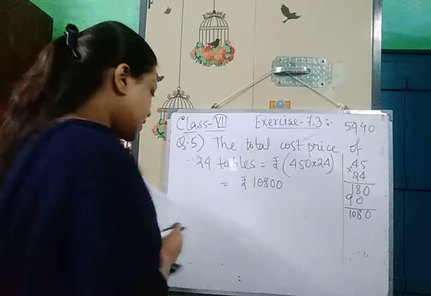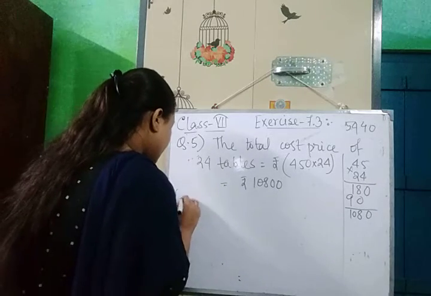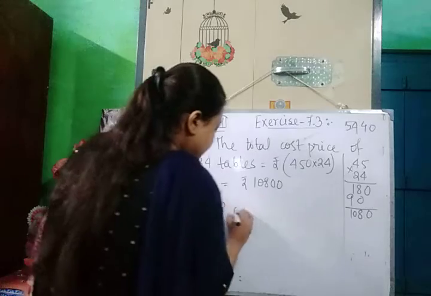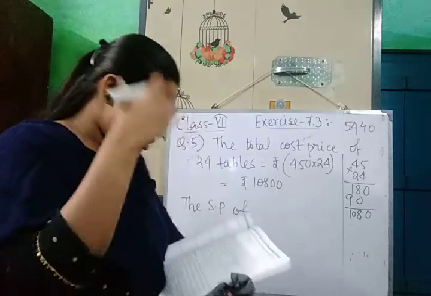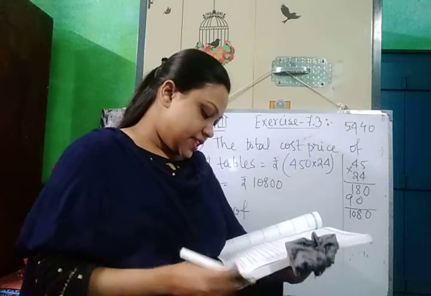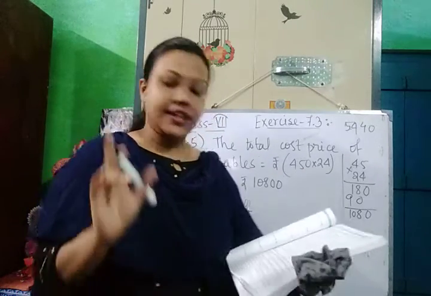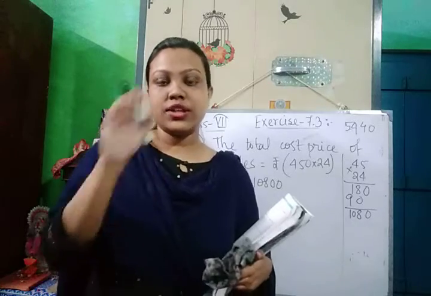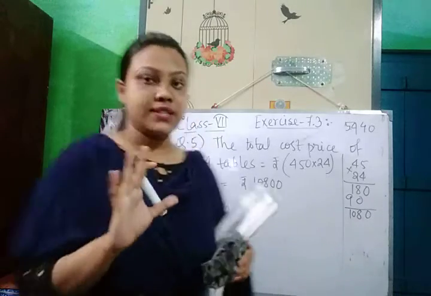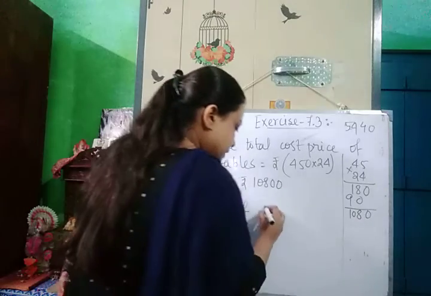Okay. Now the selling price. He has sold 16 of the tables at a rate of rupees 600 per table. So what is the total selling price of 16 tables?